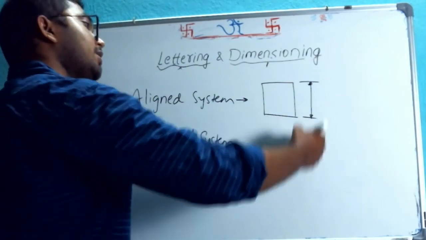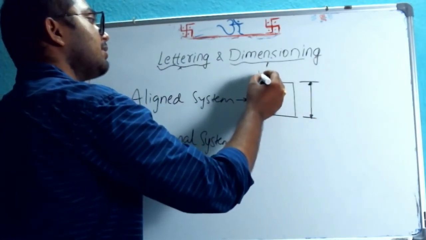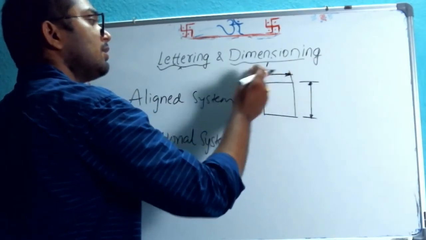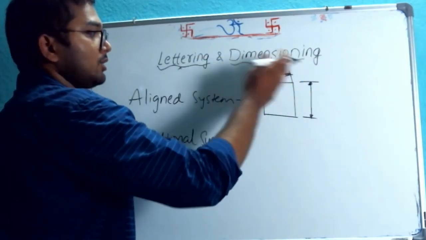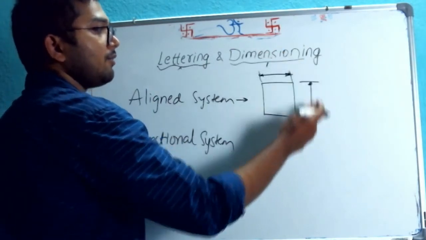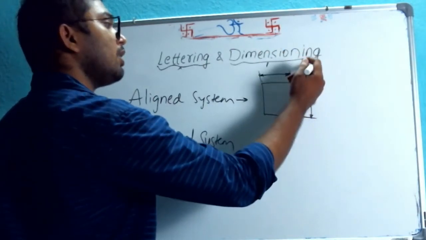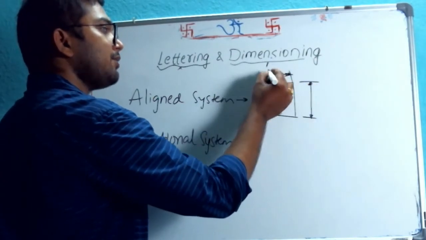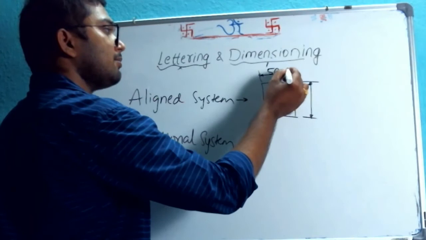For horizontal dimensioning the text is written from left to right, and for vertical ones from bottom to up, in this area. Say it is 50 mm.